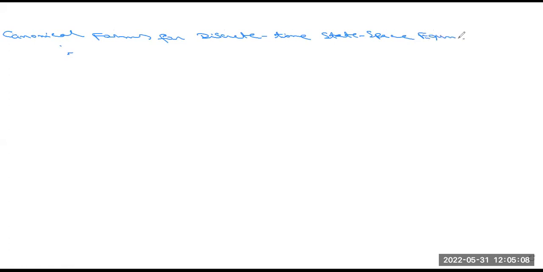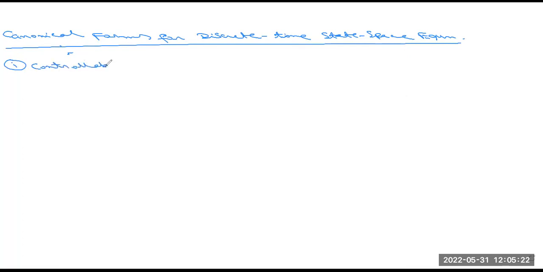We discussed these topics last week also. There are 4 types of canonical forms. First one is the controllable canonical form.